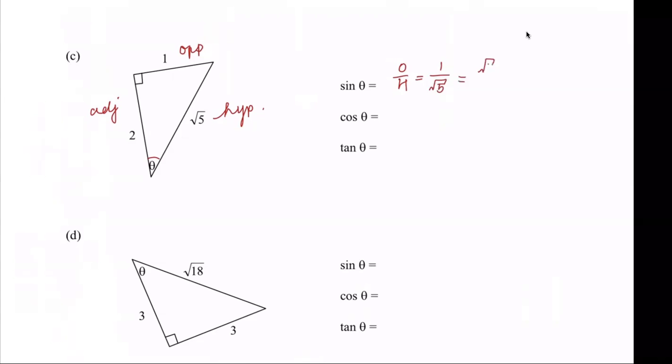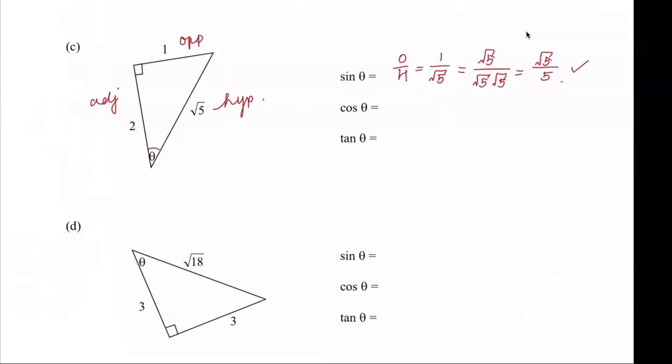So it will become square root of 5 over square root of 5 times square root of 5, which is equal to square root of 5 over 5. It's kind of like a tradition that we don't leave the denominator a square root. So whenever there is a square root in the denominator, we always get rid of that. It's kind of like a tradition in math.